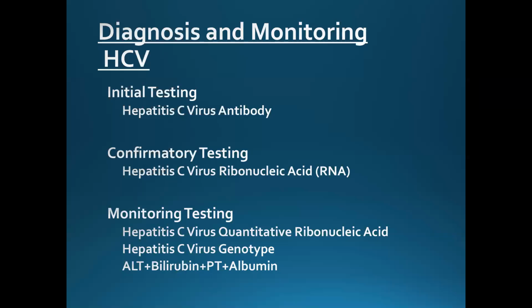When you do the testing for hepatitis C, the first thing that you need to do is the antibody. The antibody is not really going to tell you if the patient has the infection or has cleared the infection, because first, it's only going to be there about 75% of the time. Even when the antibody is there, that does not mean that your patient has cleared the infection.